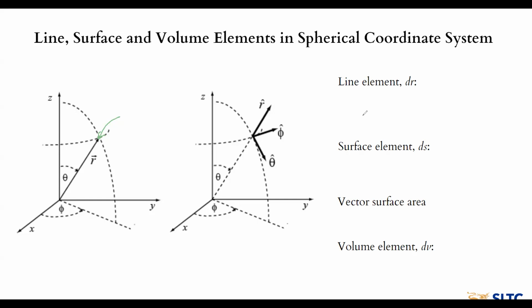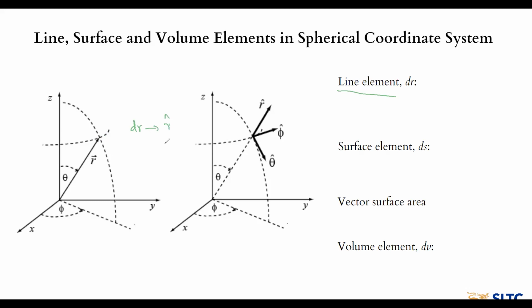In order to define the line element, you need to consider the increment of a certain point along each axis of the coordinate system by a very small amount. So you need to move a dr distance along the r direction. You need to move dr amount along the r hat direction.